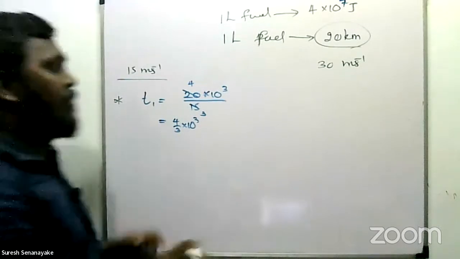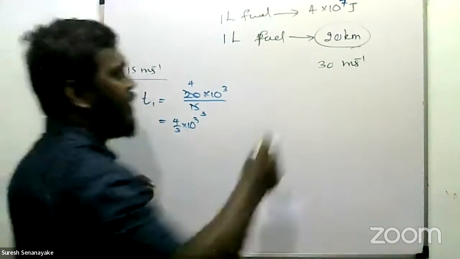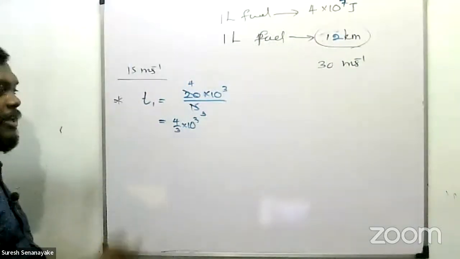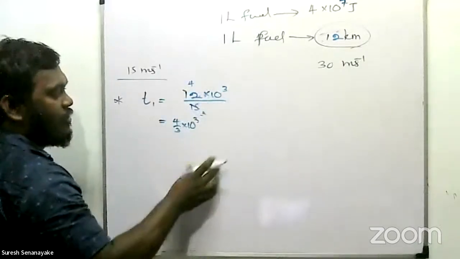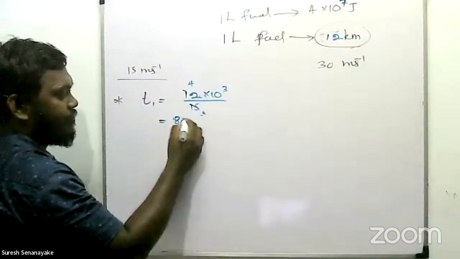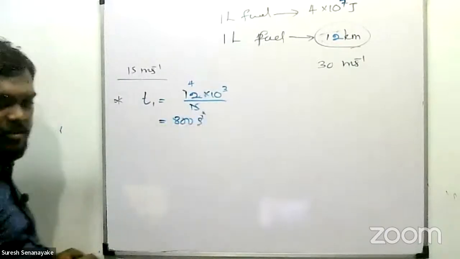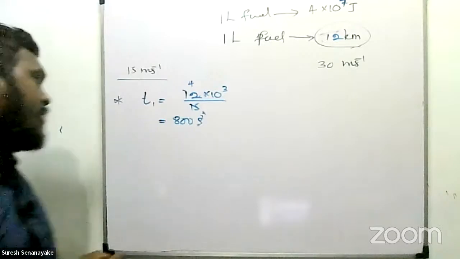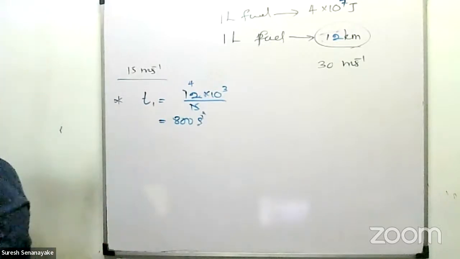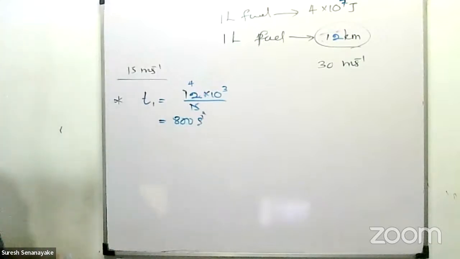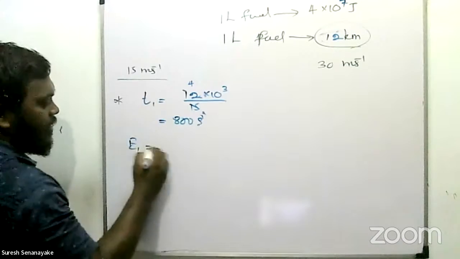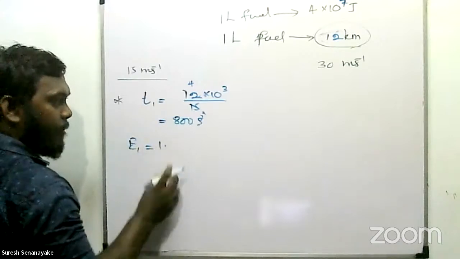For the easiest simplification, I will take two kilometers. Now easily you can get the answer here. That's 1.2 instead of 12 kilometers. So 800 seconds is taken. The previous case is 80 seconds. Now the distance traveled is 10 times greater, so the time also increased by 10 times.